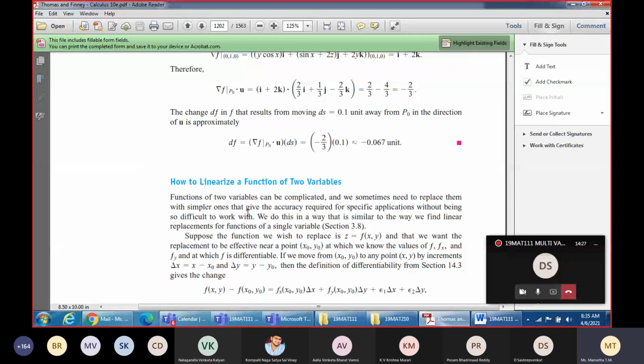You have been given a function f depending on x comma y. We try to find the differential of the function and substitute the values at a given point x naught, y naught. I'll not go for the derivation, we'll just directly go for the formula.